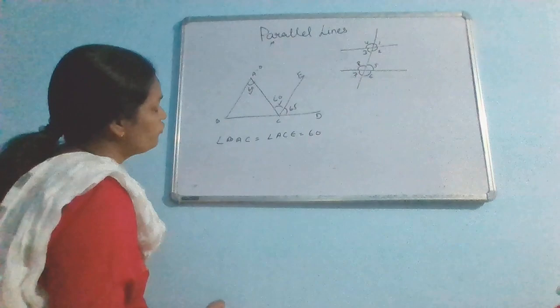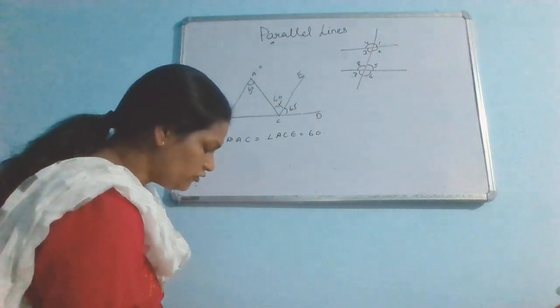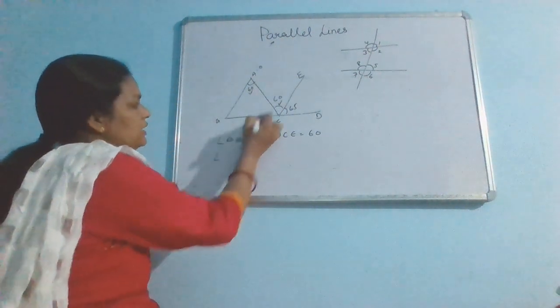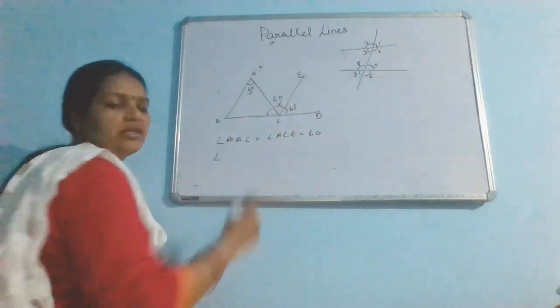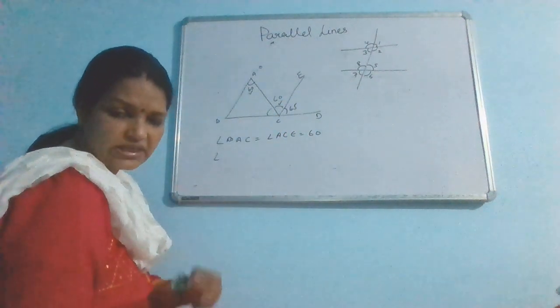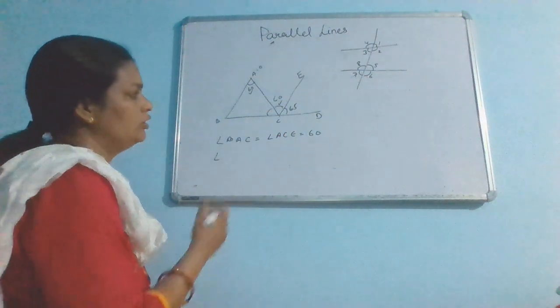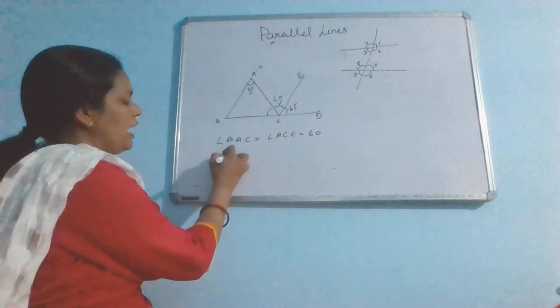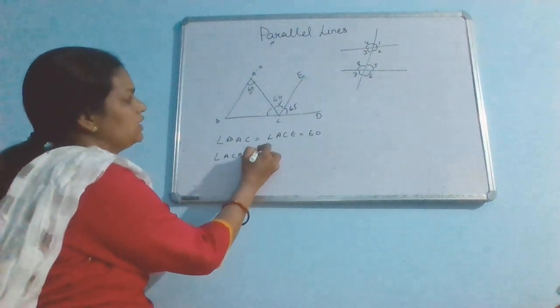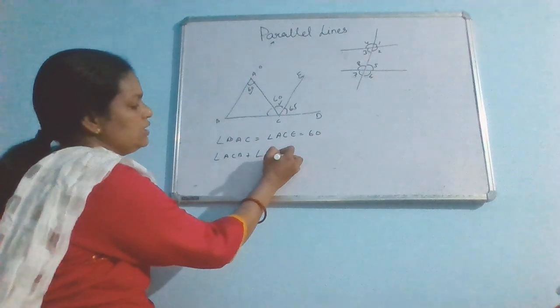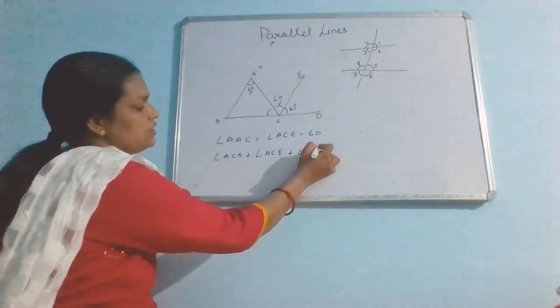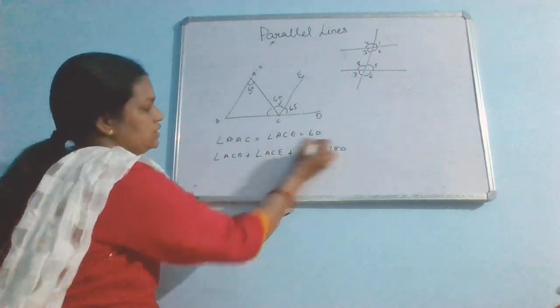Now what we have to find, students? I think I have to find ACB. So angle ACB, these angles. The sum of these three angles is equal to 180 degrees. Now we can easily find out. Angle ACB plus angle ACE plus angle ECD is equal to 180 degrees.